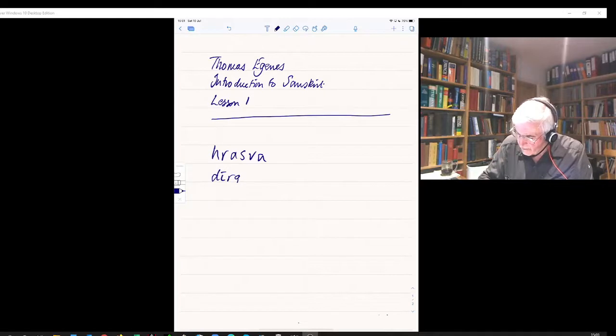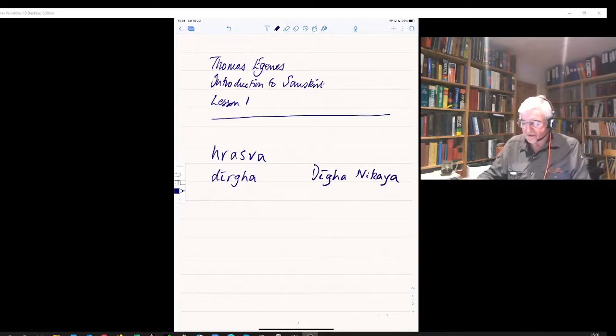We have that in Pali as well, the same as in the Digha Nikaya, the long discourse: Dirgha in Sanskrit, Digha in Pali. So vowels can be either short, hrasva, or long, dirgha. Short vowels are held for 1 count, that's a matra, and long vowels are held for 2 counts.